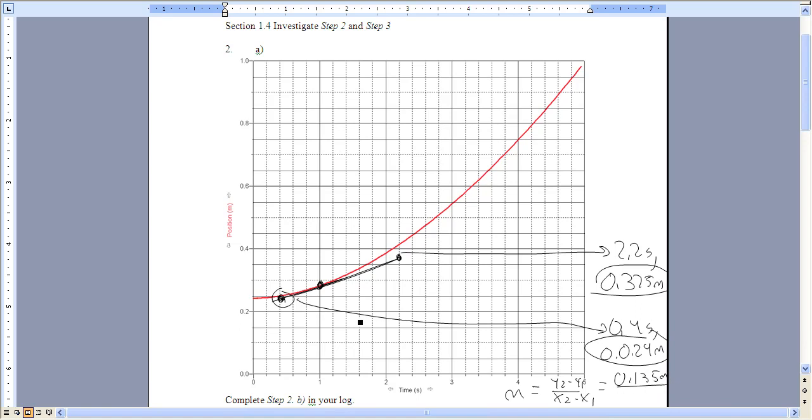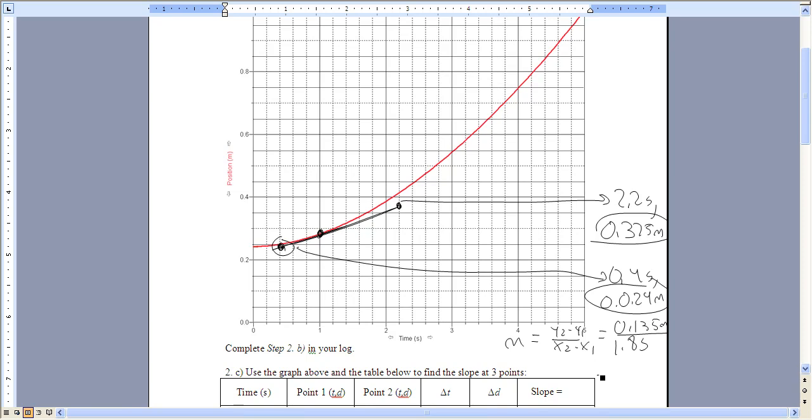The x2 minus x1 is going to be 2.2 minus 0.4 seconds. That's going to be 1.8 seconds. And the slope, if I calculate that out using the other side of my calculator, I get 0.075 meters divided by seconds, right?